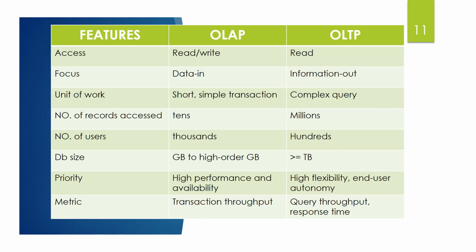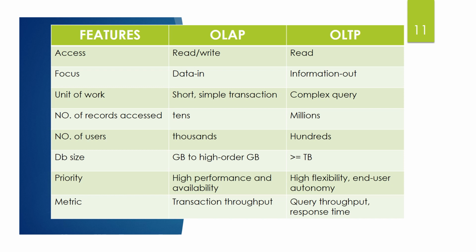OLAP's access provides you with read and write, while the OLTPs are strictly read access. OLAPs focus on data in, while OLTPs focus on information out. Unit of work: OLAPs have short and simple transactions, while the OLTPs, on the other hand, have a very complex query.